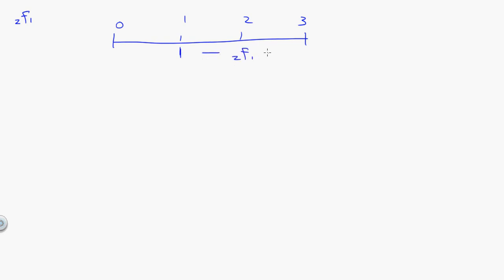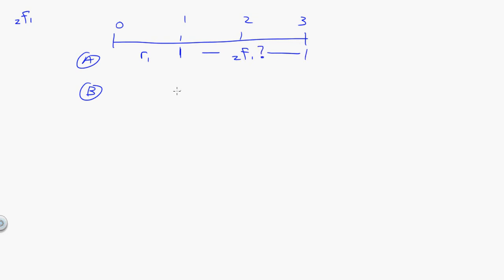Okay, so let's look at what's the next one here. 2F1. This is a 2-period rate that begins in period 1. So we have a 3-period time horizon. This is a 2-period rate that begins in period 1. So option A is I invest at R1 and then reinvest at this rate I don't know.